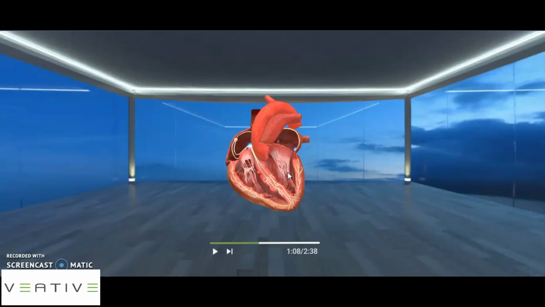This allows the blood from the atria to flow to the ventricles respectively. At the same time, the semilunar valves, which are the pulmonary valve and the aortic valve, will remain closed.